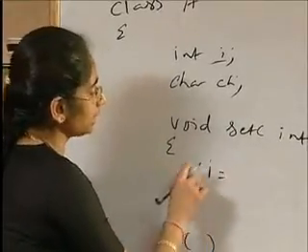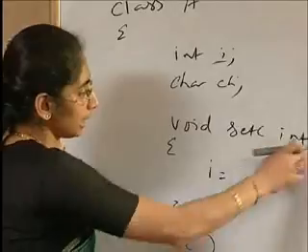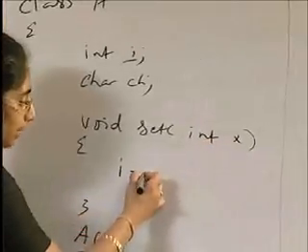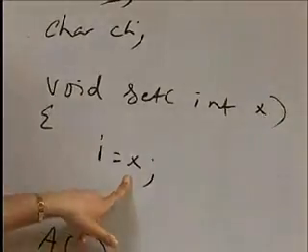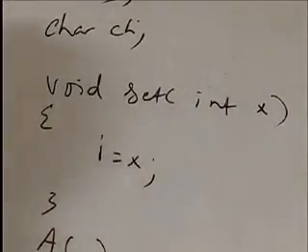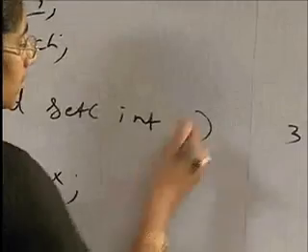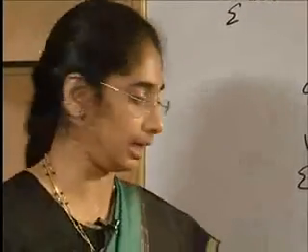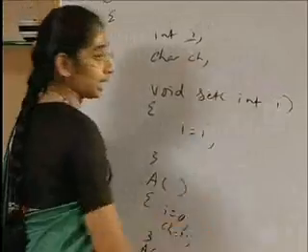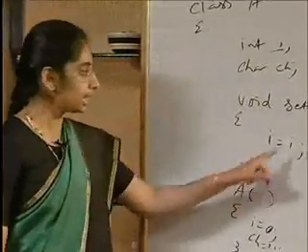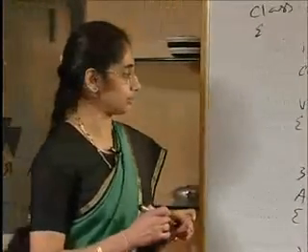You want to specify this instance variable I is going to take the value of the parameter. So you would actually write it like this, right? I is equal to x. What if this argument variable is also I and your instance variable is also I? In that case, you would have to say I is equal to I here. Now which I is equated to which I is the question.